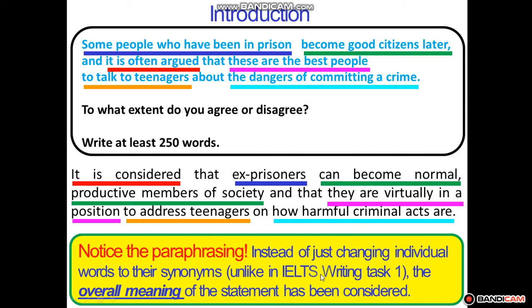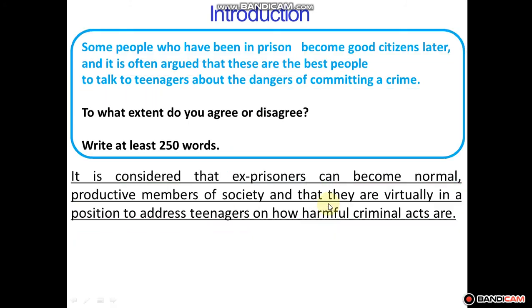In writing task 1 in IELTS, we generally go for changing the individual words, but here we have given the meaning of the question card in our paraphrase. Okay.